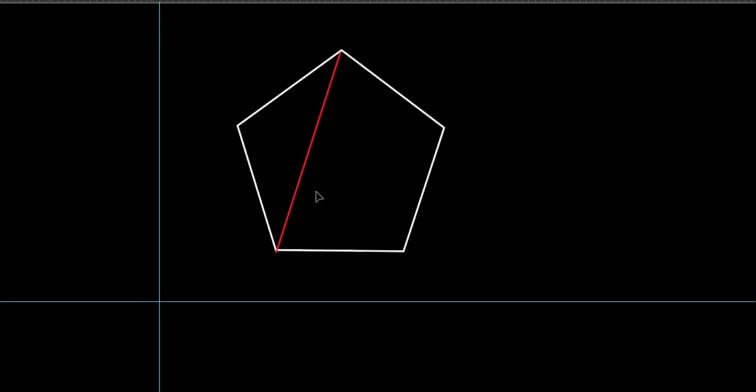So if I connected the diagonals from this vertex, how many diagonals am I going to actually have? There's the second one, and that's it. That's all the diagonals I could draw. I could have started from other vertices and drawn a couple there too. But from that one vertex, how many diagonals can I draw? Just 2 of them.